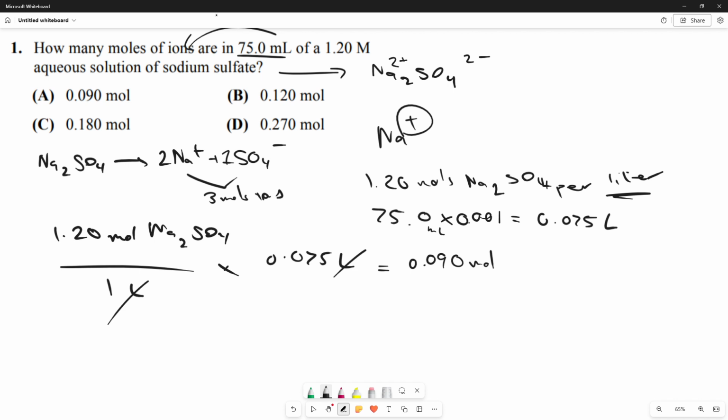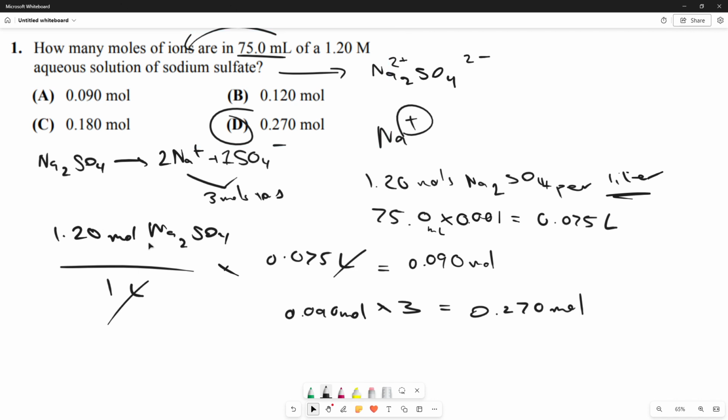So now we just multiply 0.09 moles times 3, because that's how many moles of ions we have. That's going to be equal to 0.270 moles. And that's how many moles of ions we have in 75 milliliters of a 1.2 molar aqueous solution of sodium sulfate.